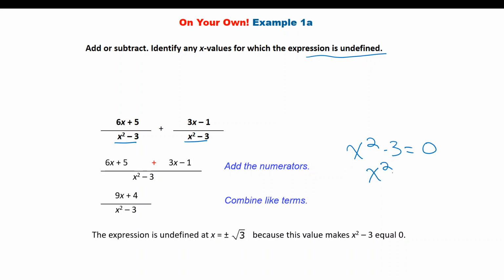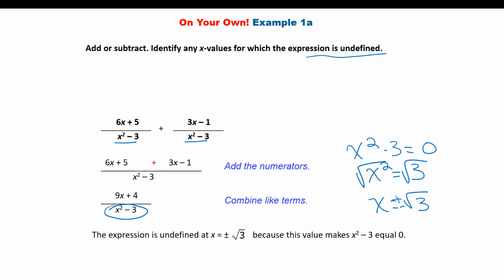So x squared equals positive 3. We can do that. We square root each side. So when x is equal to square root of 3, then our expression down here would be 0. And we can't have a 0 in the denominator. Otherwise, it's undefined. So the expression is undefined at x equals plus or minus square root of 3.